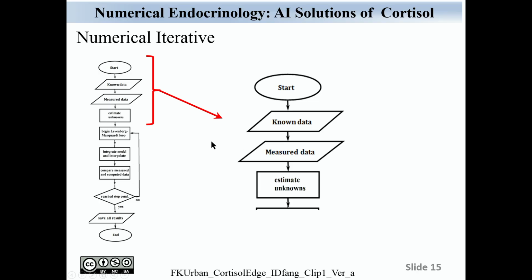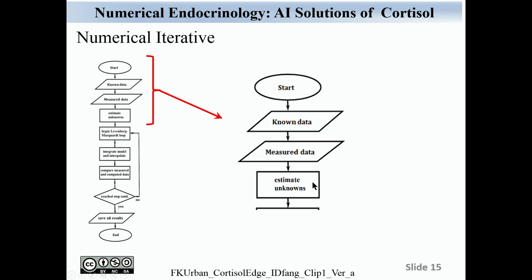No problem. This is a block diagram that explains that, and I've broken it out so you can see each part a little better. The first few steps are to gather the known data, that is values of kappas and so on in the equations, and then gather the measured data from the subject. So 15 measurements across time.